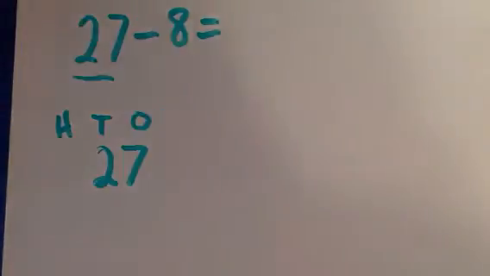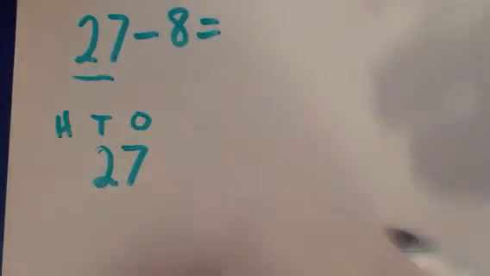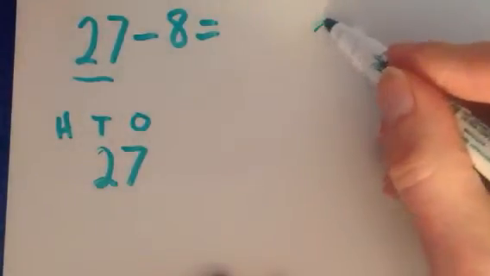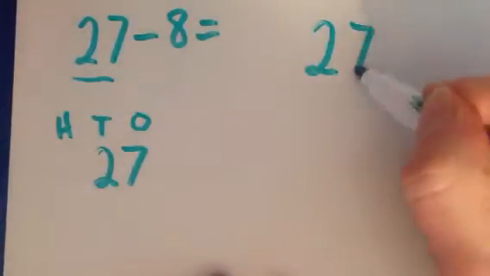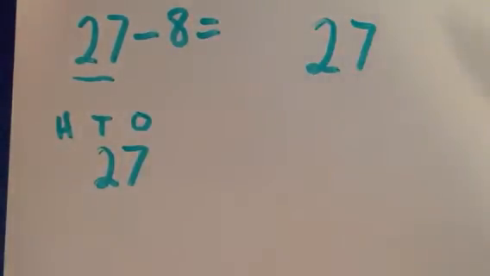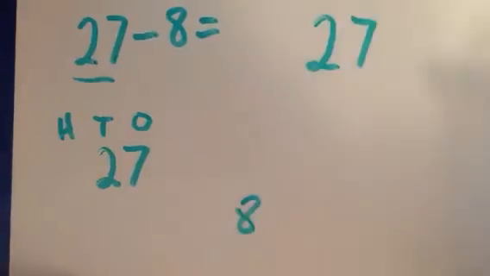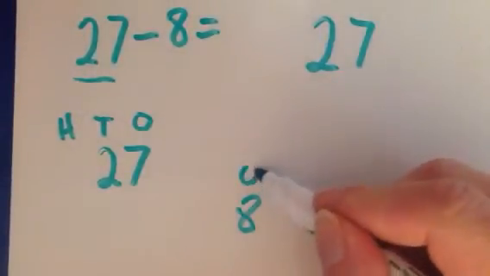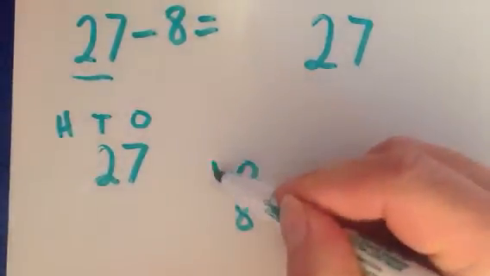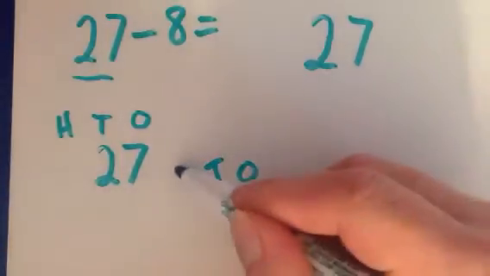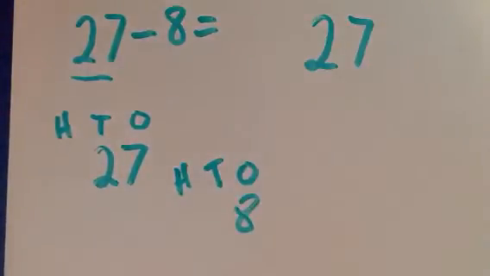Now, when we stack a subtraction problem, the number we start with goes on top. So we're going to start with our 27 on top. Now we're going to look at the 8. So when you have the number 8 here, and we go with place value, we've got an 8 in the ones place, we've got nothing in the tens place, and we've got nothing in the hundreds place, right?